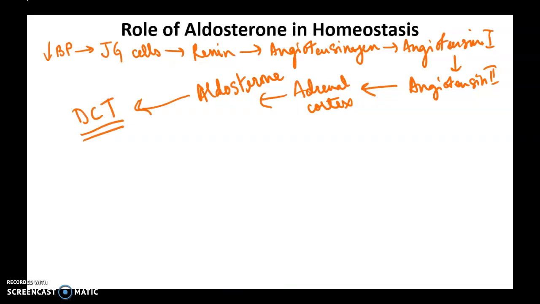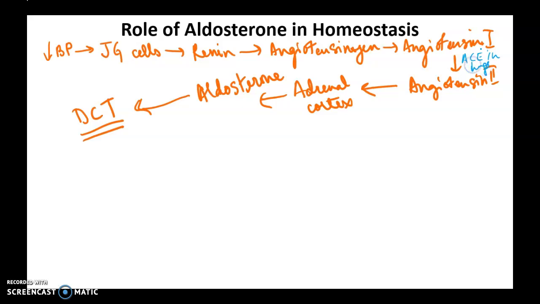All right, moving on to another hormone called aldosterone. We have talked about aldosterone before, right? It doesn't harm to review this one more time super quick. When we have low blood pressure, remember that triggers the JG cells or the juxtaglomerular cells to release renin. Renin then flows through blood, goes to the liver and converts angiotensinogen to angiotensin 1, which is then converted to angiotensin 2 by an enzyme called ACE in the lungs.